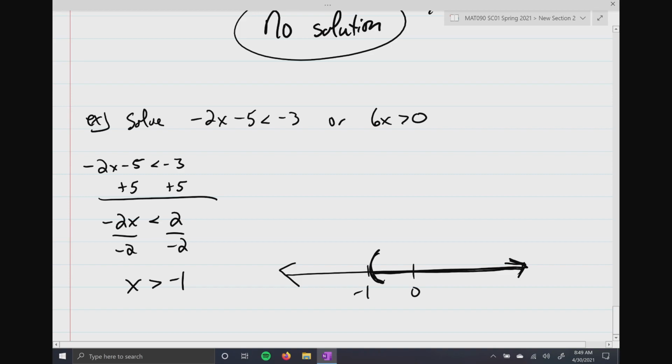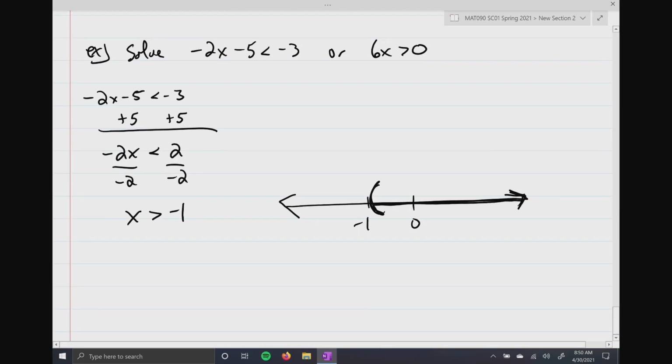All right, so there's my shading. Parenthesis at negative 1 opens to the right because I want values of x that are larger than negative 1. For the second inequality, that one's really simple. X has to be greater than 0. Oh, hold on one sec, everybody. I wrote the problem down incorrectly.